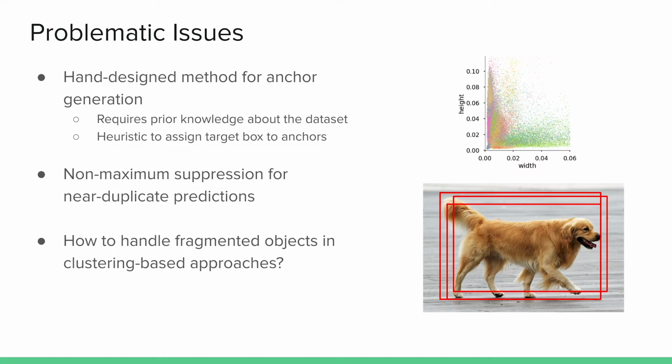And for those bottom-up approaches, one common challenge is how to handle fragmented objects when you want to cluster your pixels together. If one pixel over here and one pixel over there belong to the same object and they're not connected to each other, that is challenging. And finally, one more issue with using these segmentation and clustering algorithms is, what if a pixel does not uniquely belong to a single class?